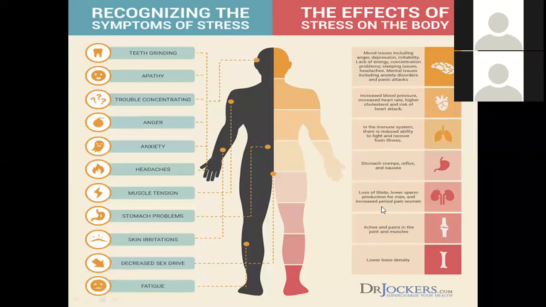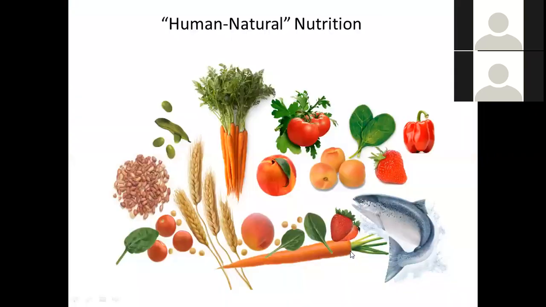I've talked about loss of libido as well, aches and pains in the joints, resulting ultimately in lower bone density. So when you hear people complaining of this, it isn't that they're necessarily deficient of Panado. We've got way too many people taking chronic over-the-counter tablets, which can then result in problems.